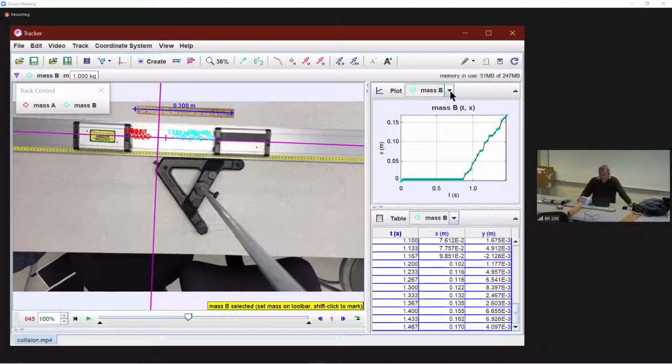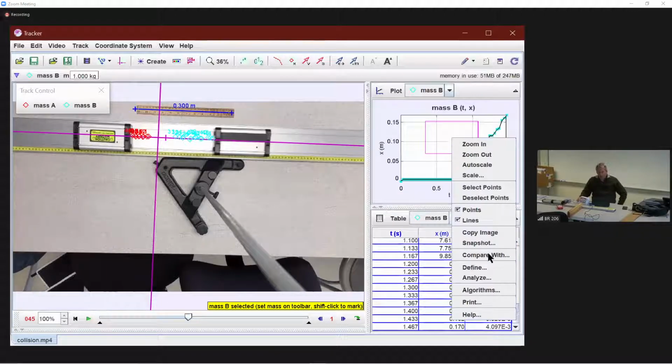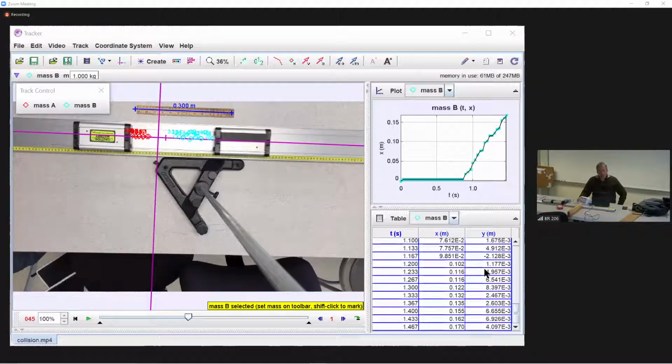Now, all you have to do is measure the average values of the initial and final velocities for both carts. If you remember how to do that, you right-click on this graph, go down to Analyze. There's a close-up view of the graph for cart B. We can measure the average velocity before the impact, and clearly that's 0.